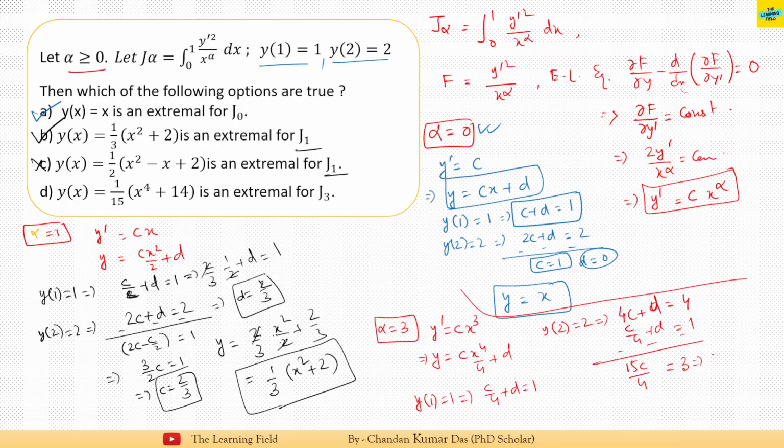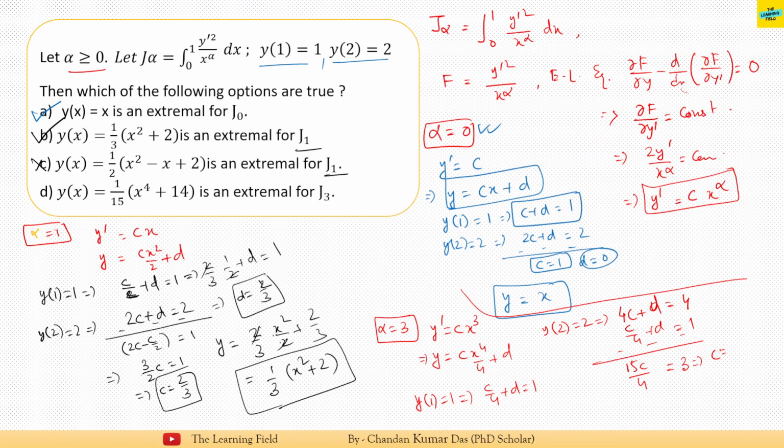That means from here we get c equal to, 4c minus c by 4, 16 minus 1, 15c equal to 4 minus 1, 3. Okay, fine.